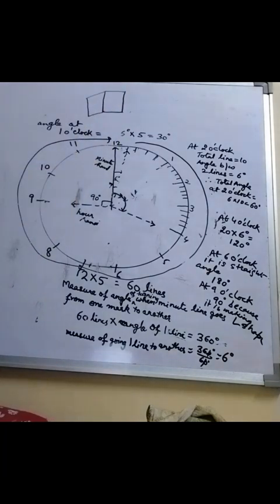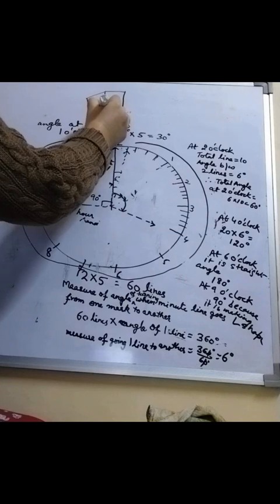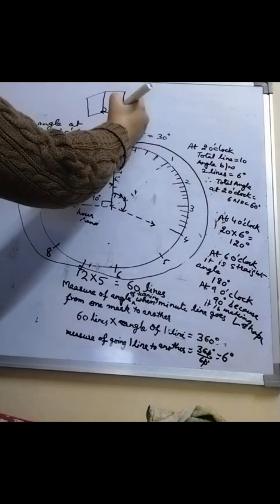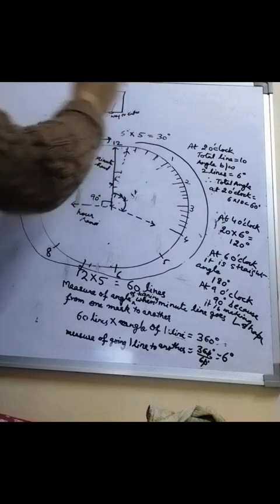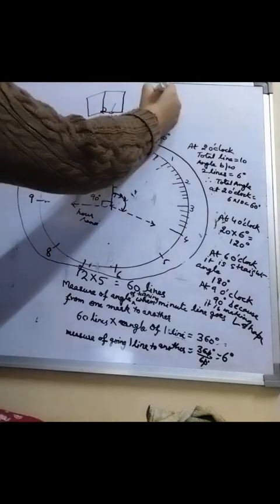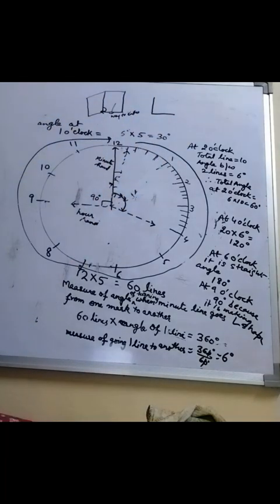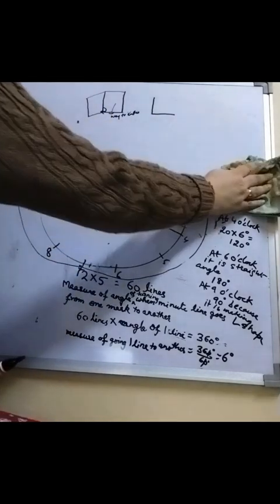It is like this. When the door is fully open, this is the way to enter. What is the shape? Its shape is L. So you can say that when the door is fully open, the angle is 90 degrees.